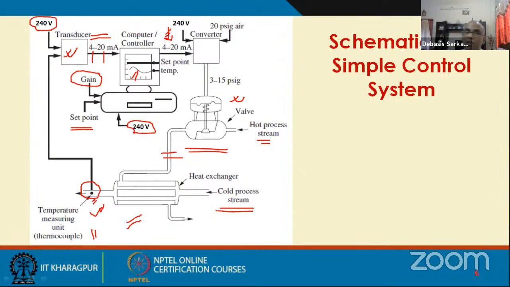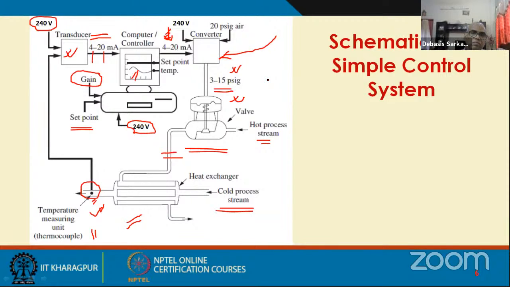It only understands a pressure signal in the range of 3 to 15 psig. So, you need a converter which will convert this 4 to 20 milliampere current signal to 3 to 15 psig.